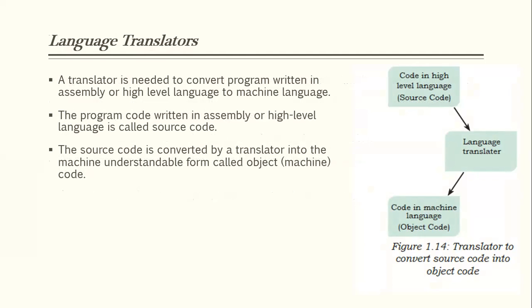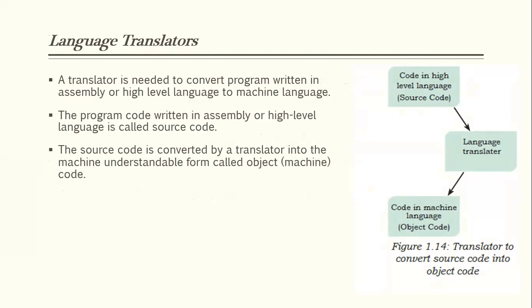A translator is needed to convert a program written in assembly or high-level language to machine language. The program code written in assembly or high-level language is called source code, and the source code is converted by a translator into the machine understandable form called object code.